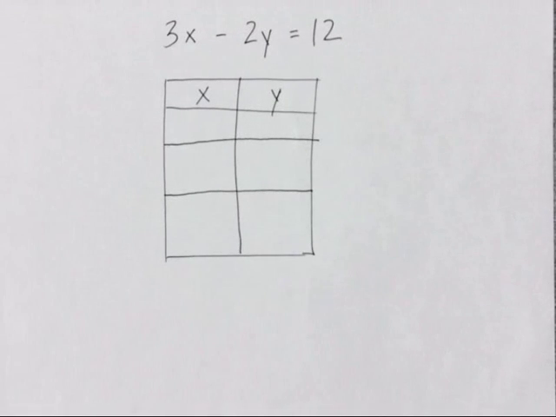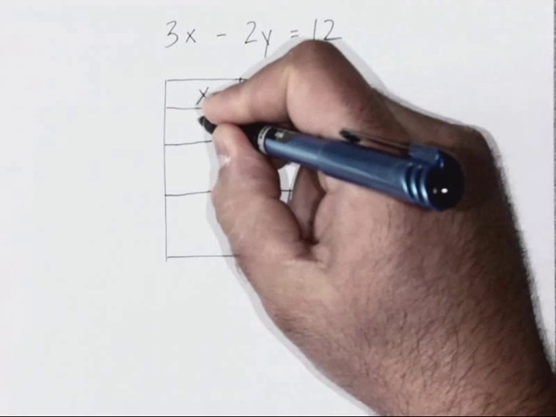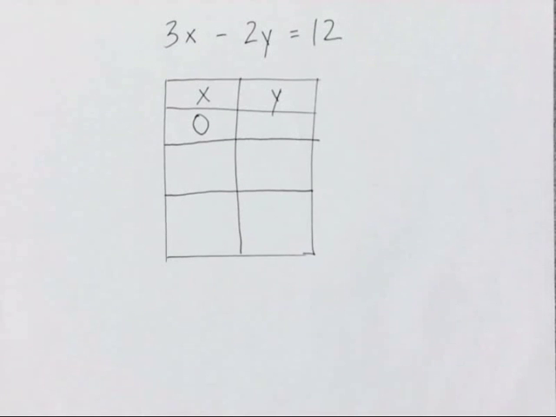So for example, if I plug in 0 for x, will that be easy for me to solve for y in my linear equation? So let's see what happens here.